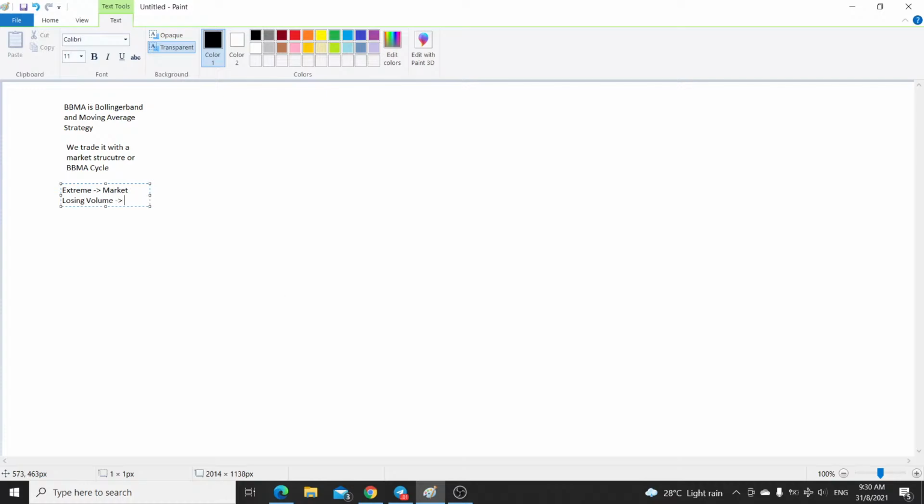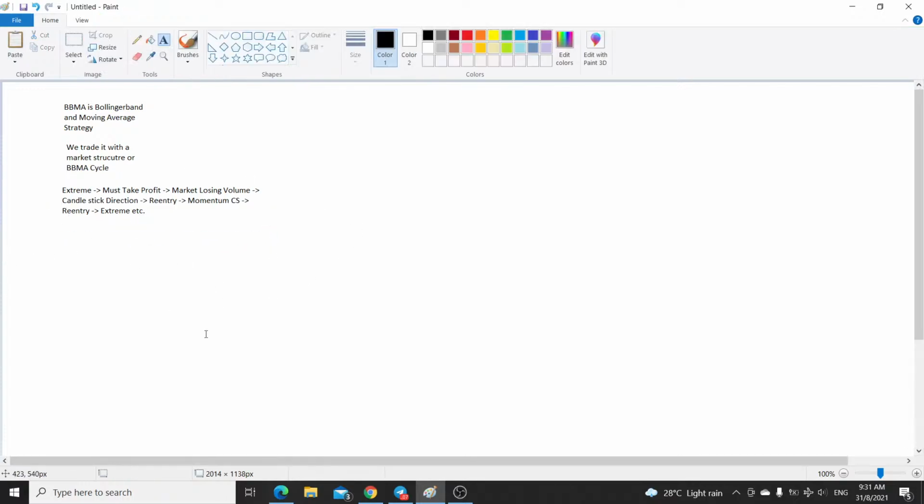And then after that we got the must take profit, then market losing volume, and then after that we got the candlestick direction, and then after that we have our re-entry, then after that we have our momentum candlestick, then we have our re-entry, and then maybe extreme again, the extreme, etc. Okay, this is how we trade it. So the cycle goes on and on like this.